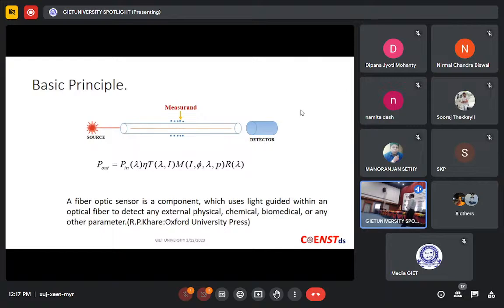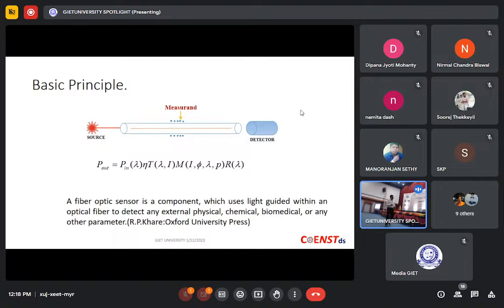For example, if I want to measure temperature, then I have to apply temperature here. So if you apply this measurement somewhere in a small portion of this optical fiber, then P out will change, because if you assume all these parameters are constant, the output power received by the detector should be proportional to this measurement.